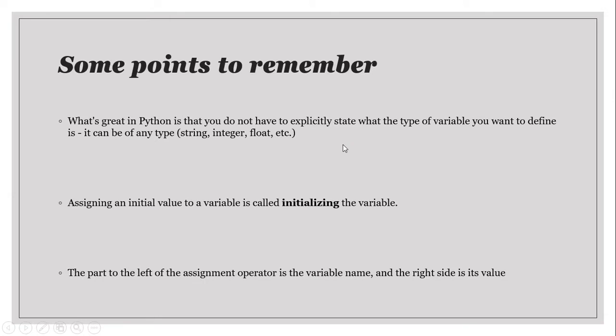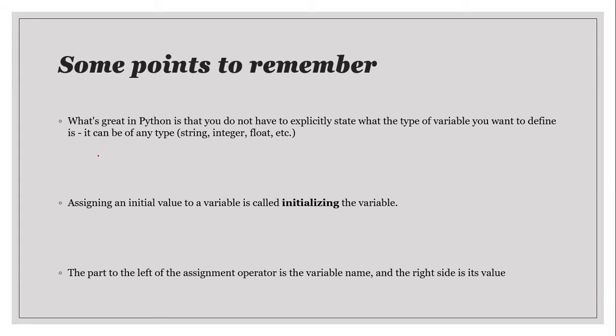Okay, so some points to remember. What's great in Python is that we do not have to explicitly state what type of variable we want to define, as it can be any type: string, integer, float, etc. What is the meaning of that?